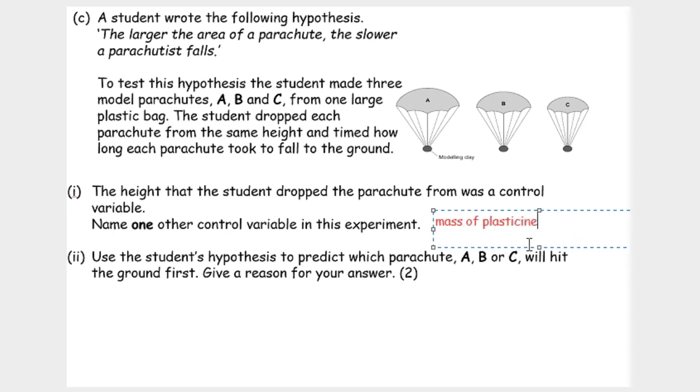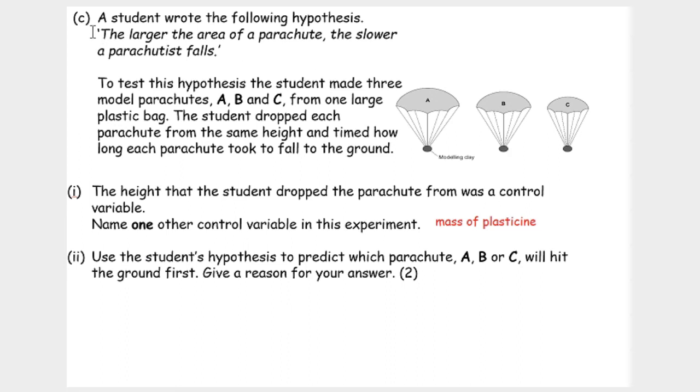As obviously if the mass is greater, that's then going to affect your balance of forces, and there'll be another variable affecting the experiment. Use the students' hypothesis to predict which one will hit the ground first and give a reason for your answer.